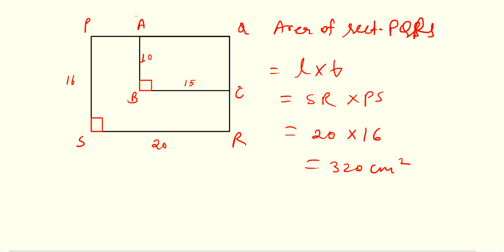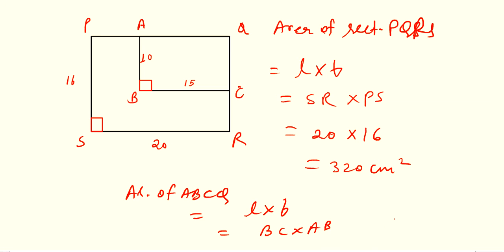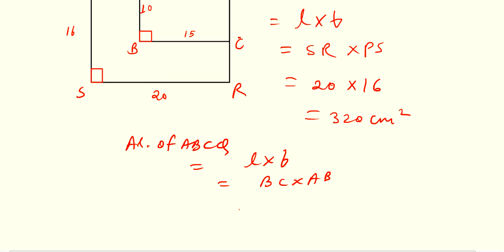This is the area of PQRS. Now we will find the area of ABCQ. Similarly, rectangle length into breadth. Length is BC while breadth is AB. So BC into AB means 15 into 10. So the area is 150 centimeter square.